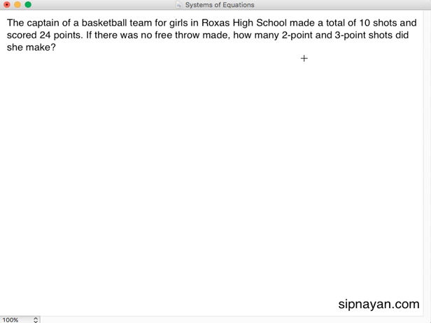Hindi natin alam kung ilan yan, and yung pinaka-clue lang natin dito is meron siyang 10 shots and meron siyang 24 points. Siguro pwede tayong gumawa ng table dito. Meron tayong number of 3 points, tsaka number of 2 points. 10 ang maximum.